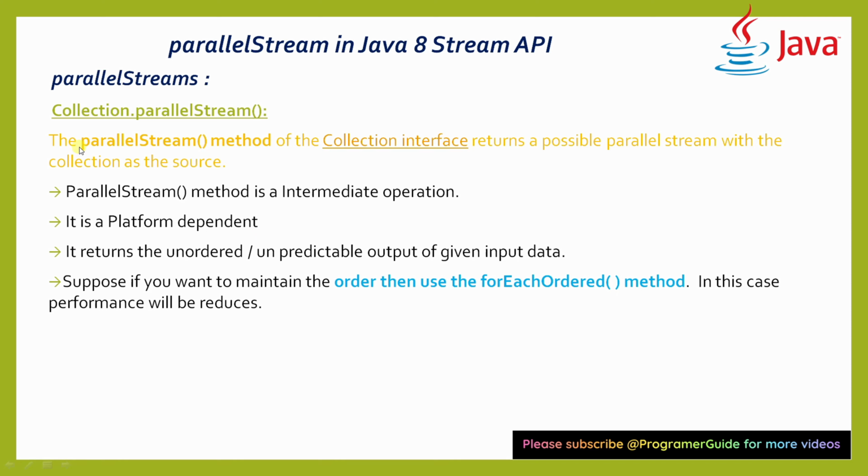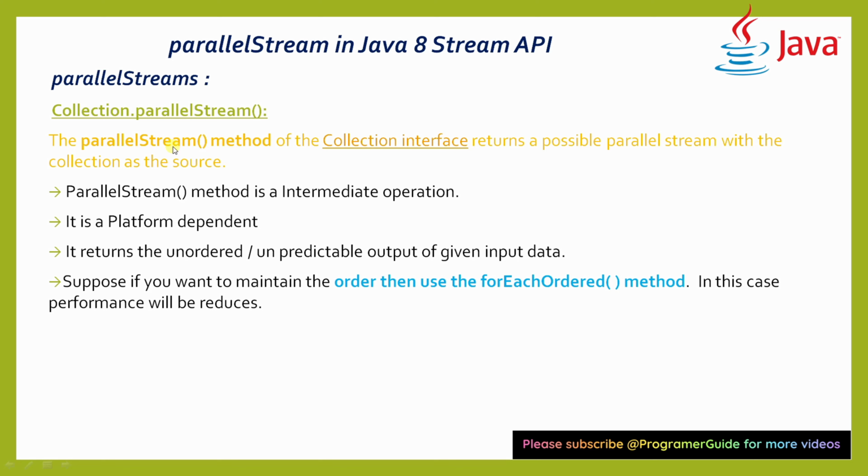Suppose parallel streams are executed in the Windows operating system, the end result is going to maintain one order. If you execute in Unix or Apple computers, the output is going to be different. So on each and every platform, the data is going to be different. The parallel streams do not maintain the order, so the end output is unpredictable.